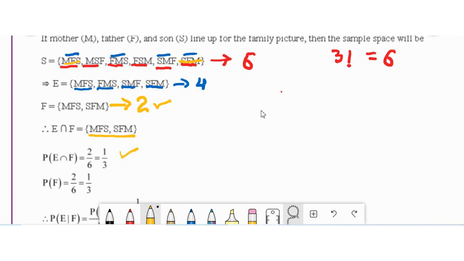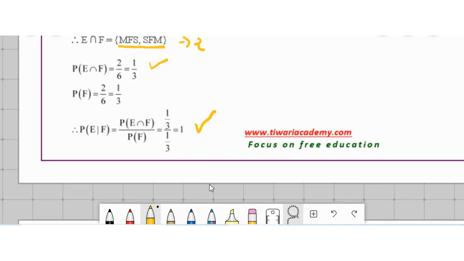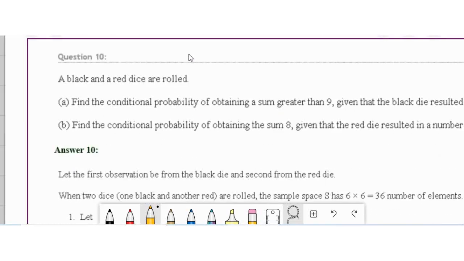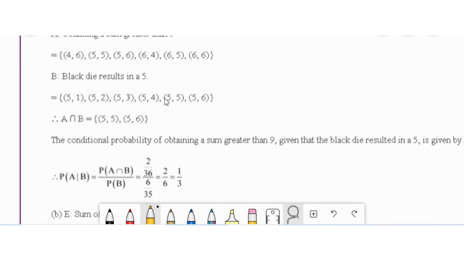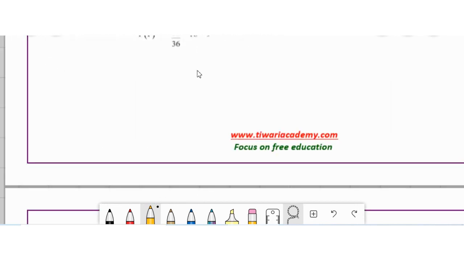And for F also we have 2 outcomes. So P of F is equal to 1 upon 3. And if you want to find E by F, then P of E intersection F upon P of F is equal to 1. Alright, fortunately in both cases we are getting the answer 1. It is not necessary that you will always get the answer 1.